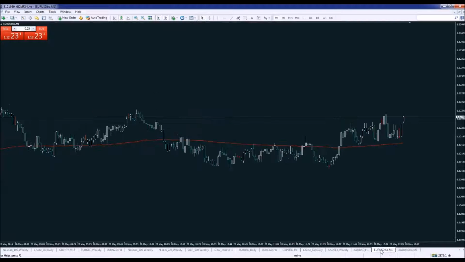But how does it look for the euro? Given the fact that we're on a 1 minute chart, you can see that the exchange rate is much steadier, simply because there are two economies that are controlling this currency pair, and we're talking about pairs. We're not talking about a particular merchandise that you're trading against the denominated currency, which is the US dollar.